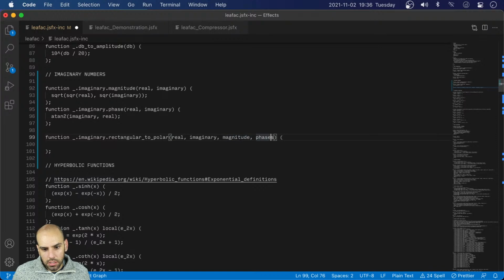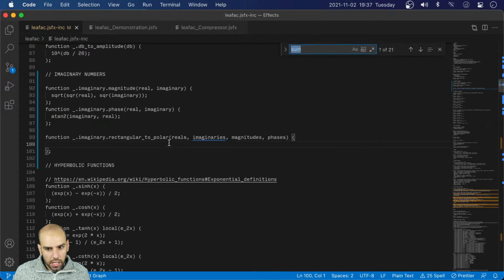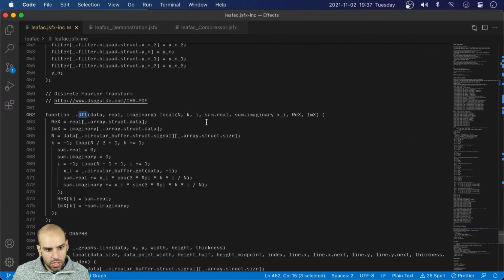I guess I'll call this... No, yeah, there you go. I was saying that here the real and imaginary were numbers, and below they were arrays. That's how we are going to fix this. Phases. There you go. And how about I go there to the DFT stuff and change that as well.